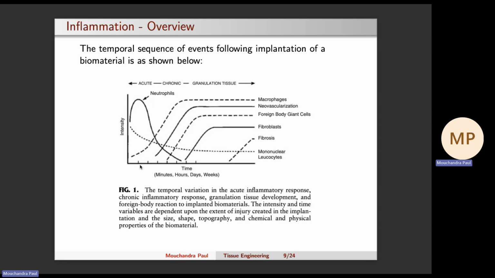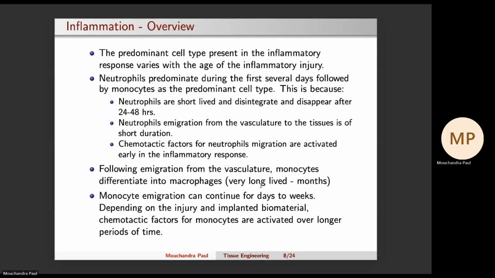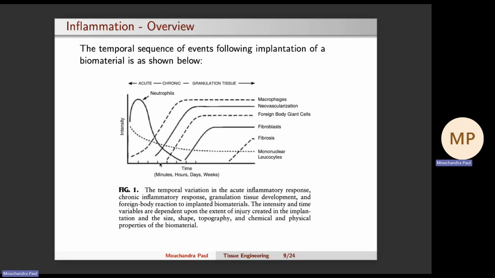After a few days, since they are very short-lived, their numbers start declining. Within two days, the cells start to die, and you will see a gradual fall in the cell number within a few days.